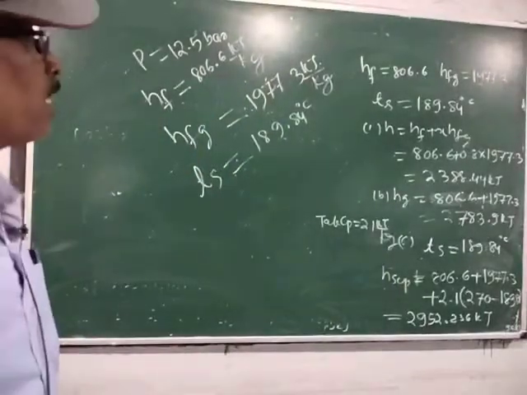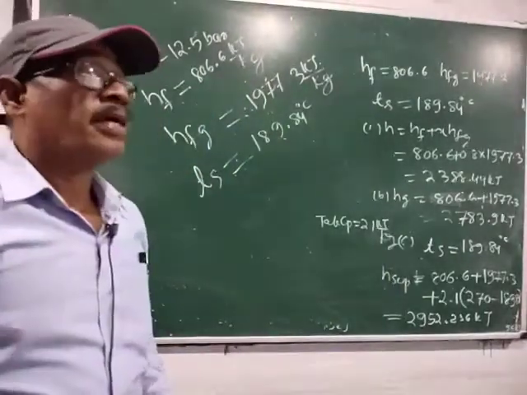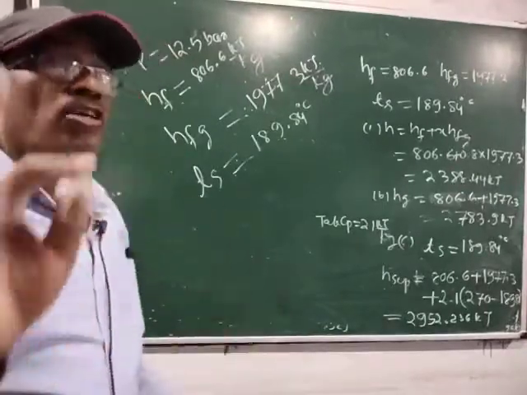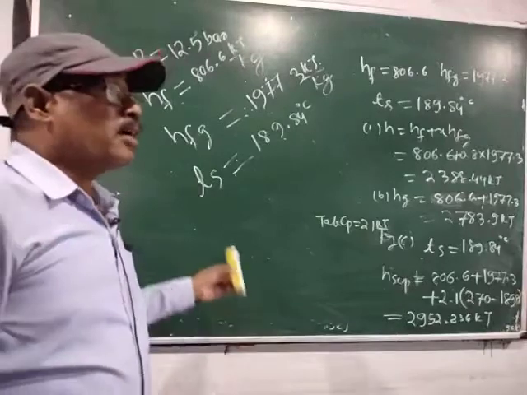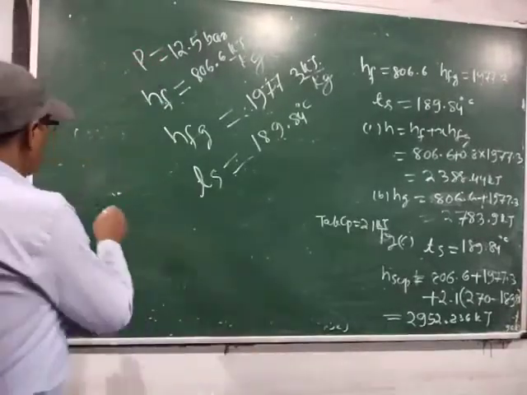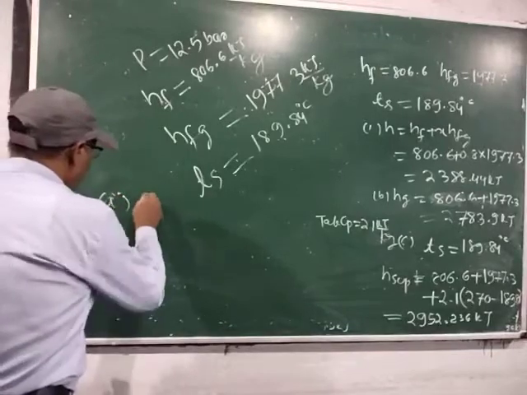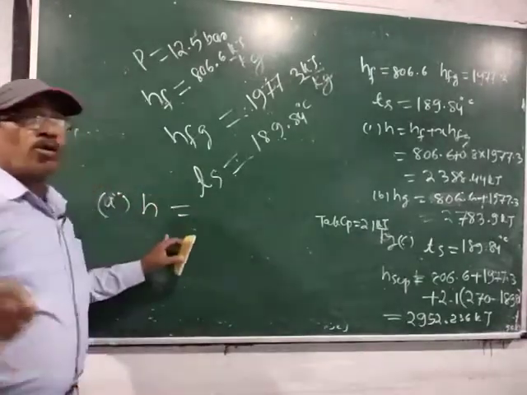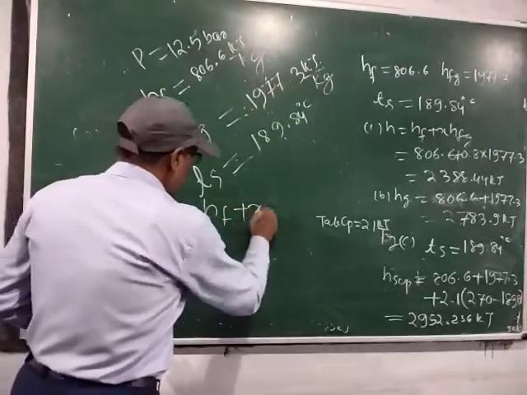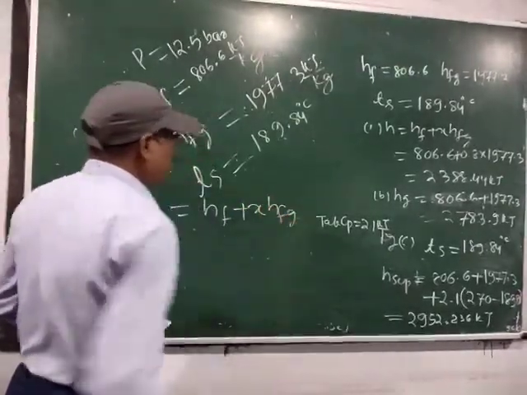Therefore, first question, steam is wet having dryness fraction is equal to 0.8. That means part A, steam is wet steam. Therefore, total heat for wet steam is given by HF plus X into HFG.